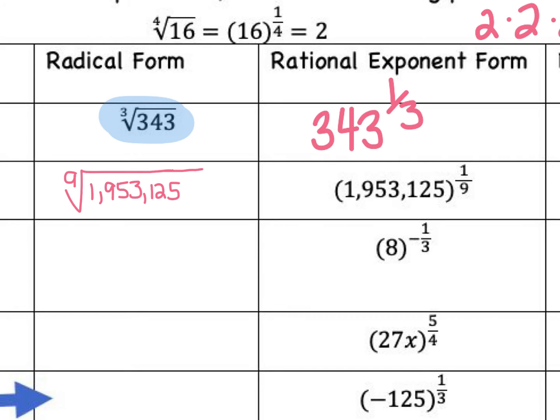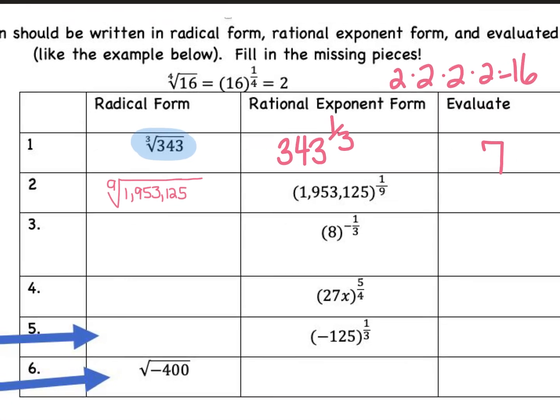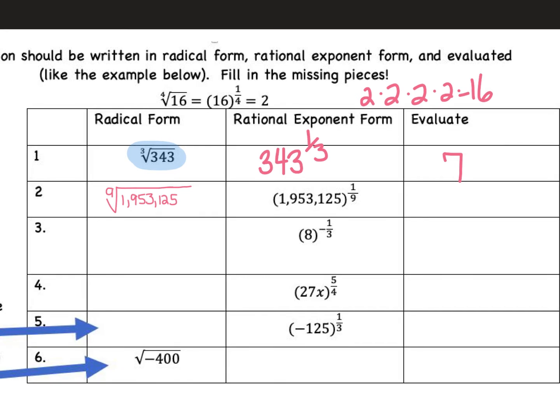Exponent is 1 to the 1st power. Now, I wouldn't need to even write that 1, so it's just the 9th root of it. And I notice it ends in a 5. I bet it's probably 5 to the 9th, but you can type it in either form of your calculator, whichever is quicker for you. And yep, sure enough, it's 5.